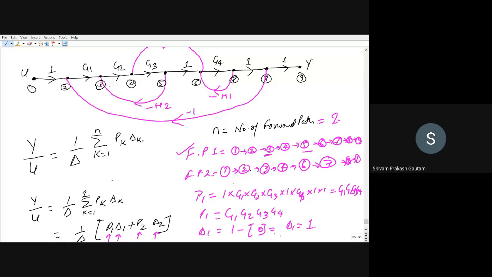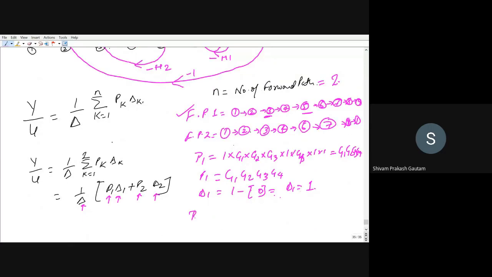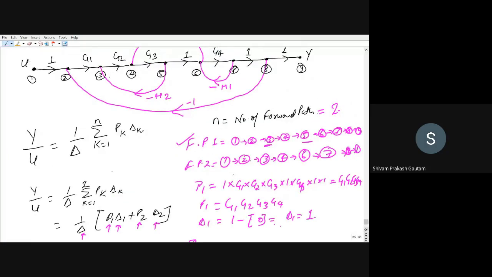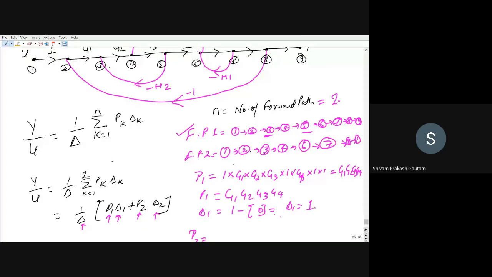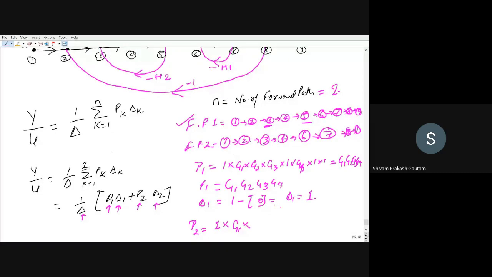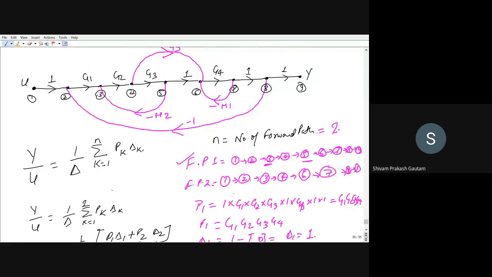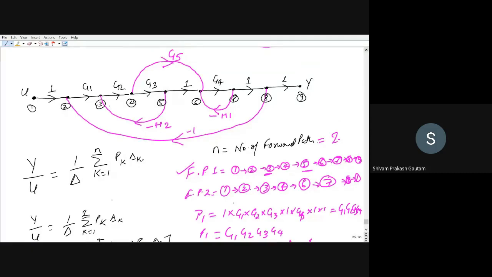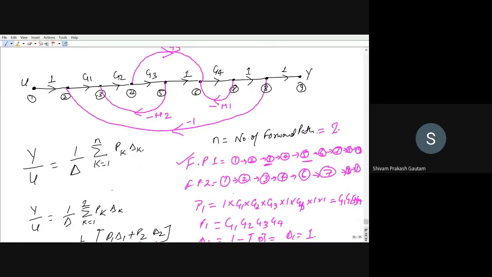Now we will calculate P2. P2 is equal to 1 to 2. See, from 1 to 2, what is the gain? It is 1, multiplied by, from 2 to 3, it is G1, multiplied by G2.